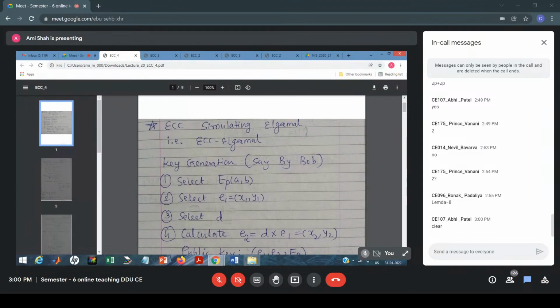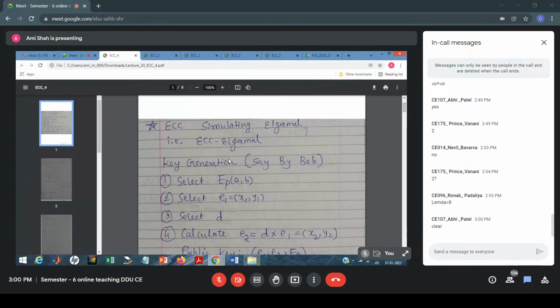Once the ciphertexts are generated, they are sent to Bob. Bob has a private key, right? With the help of the private key, Bob decrypts it, and finally Bob gets the original message. So this is the scenario that you have to remember, right?